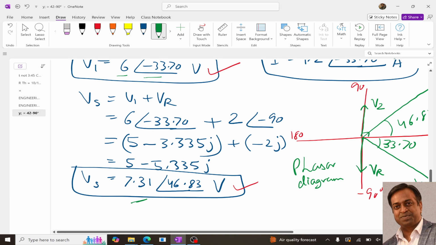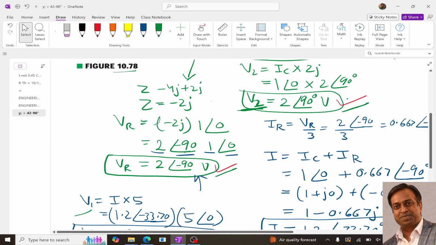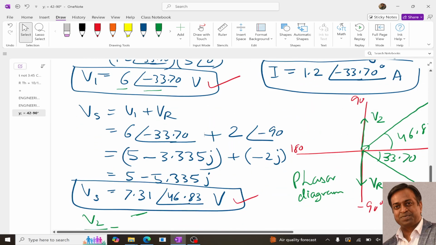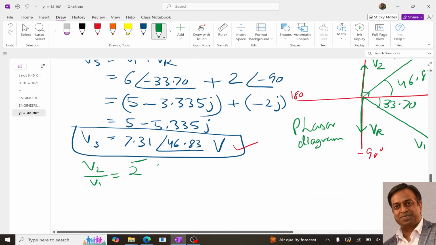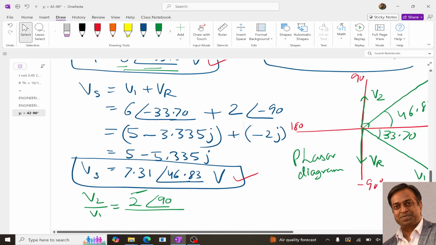So V2 divided by V1: our V2 is 2 angle 90, and our V1 is 6 angle minus 33.70.